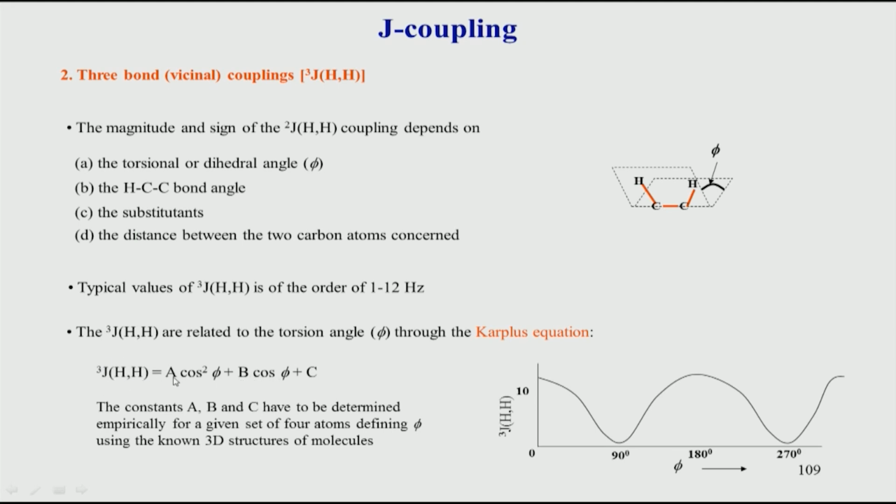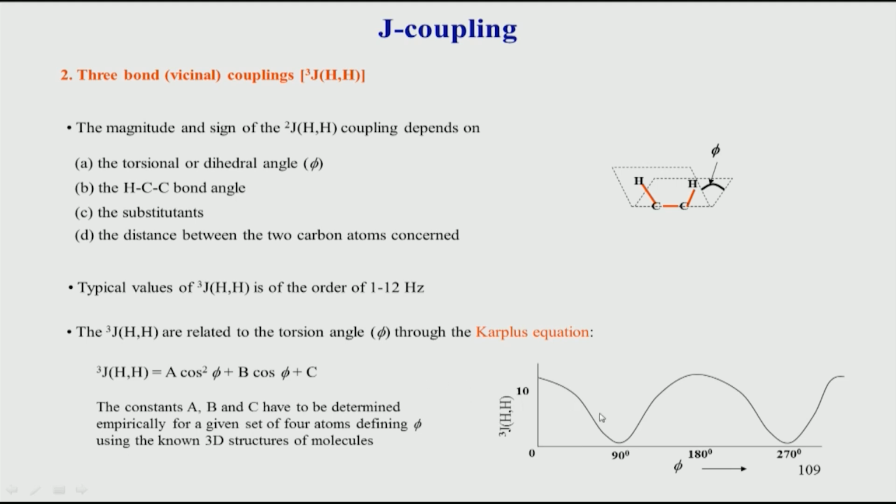In a particular molecule you will have a variety of different types of 3 bond J couplings, vicinal couplings, and for each typical type of those couplings we have to determine the values empirically, or based on the different values measured experimentally we can figure out A, B and C by fitting, if you know the structure. So, this is what it shows here.